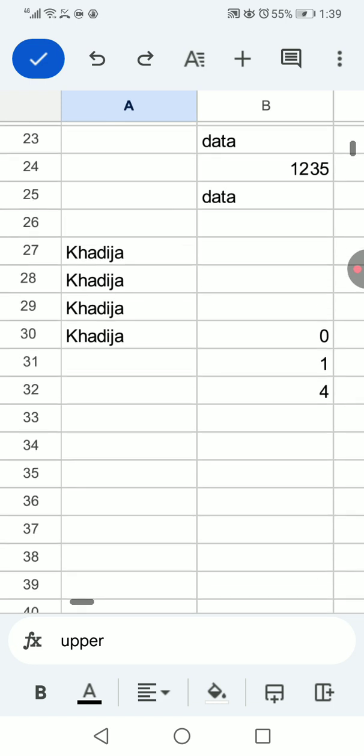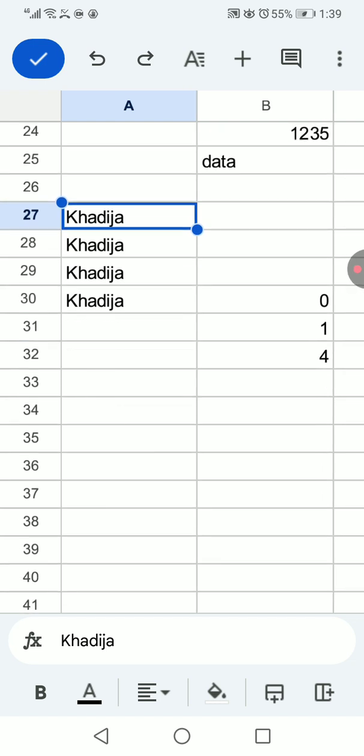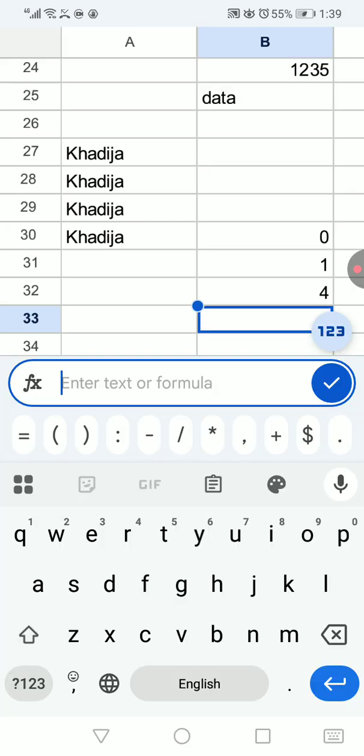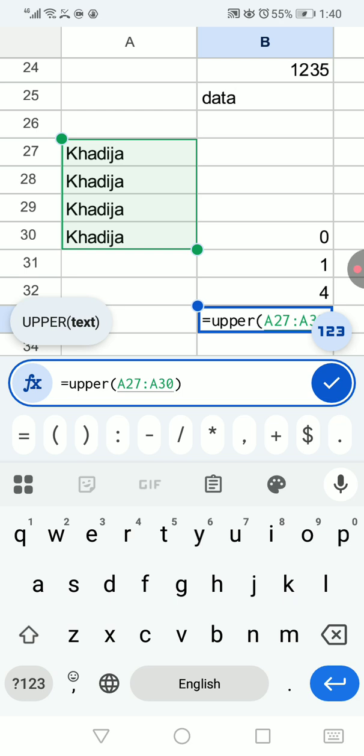UPPER is used when, let's say, you have written everything in lowercase and you want to edit it and convert it into capital letters. Normally manual work would be very hard work. You will have to delete the alphabets over here and then convert into capital letters. So instead of doing that, you will put UPPER with an equal sign, and then you want to change everything present over here from small letters to capital letters, and you will see the change.